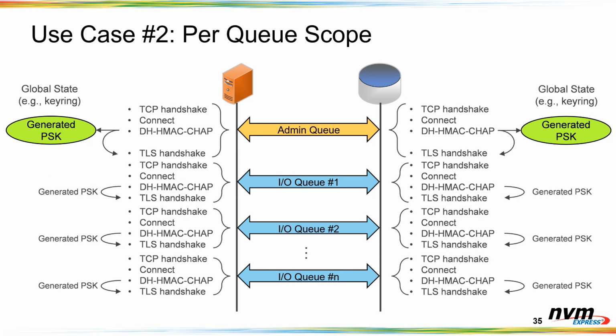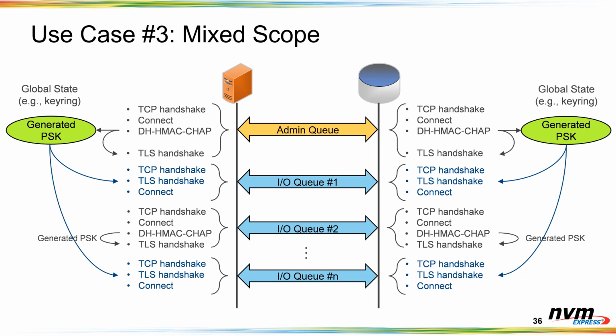But we want to support also the per-queue scope, which basically means, well, I could do in each queue a TCP handshake, my connect, my DH-HMAC-CHAP, then DH-HMAC-CHAP generates a PSK, I do a TLS handshake, and now each of those becomes TLS. Or we could even think, well, I create my global generated PSK on the admin queue.